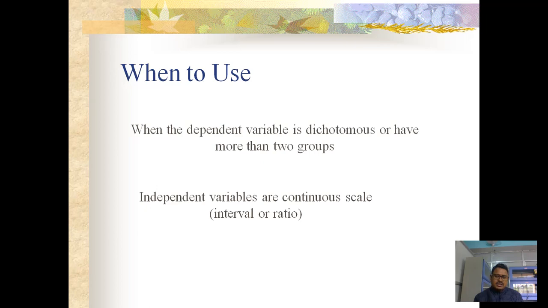So when we have two or more groups, which could be male or female, smoker or non-smoker, we prefer using linear discriminant function analysis, and also the independent variables should be on a continuous scale, which could be either interval or ratio scale. So the basic condition is that when we want to classify two groups and we have a set of independent traits which are measured in interval or ratio scale, then we use the concept of linear discriminant analysis.